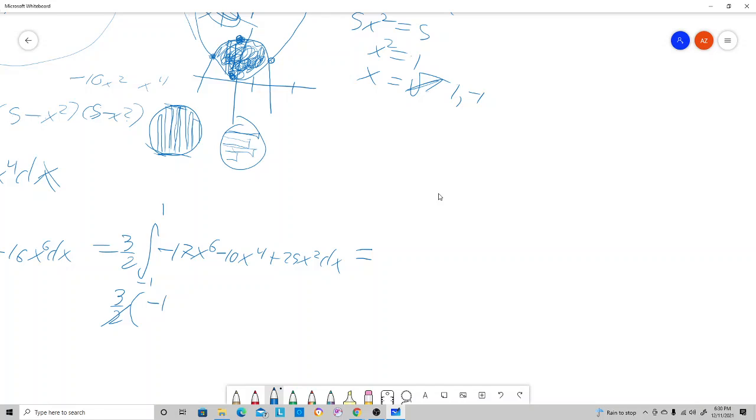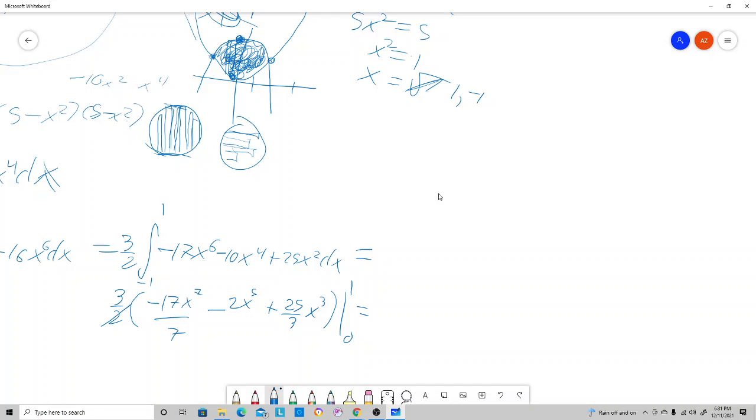So negative 17 x to the 7th over 7, minus, this would become 5x to the 5th over 2, because 10 divided by 2, and then 25 over 3 x to the third, and that's from 0 to 1. Now if we put this in the calculator, because it's just by 1, all we have to do is add all of the coefficients.